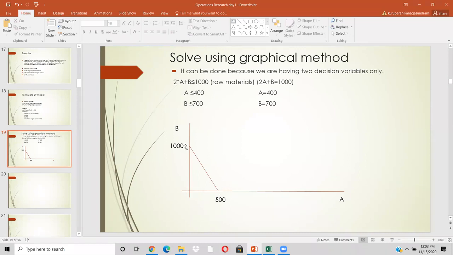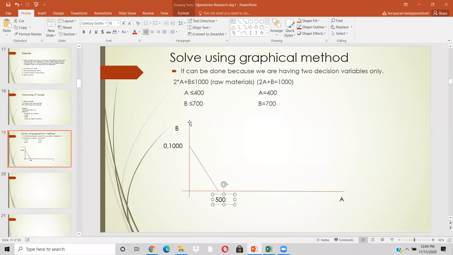To find this value, in this line, a will be 0. So put a as 0: 2 into 0, 0, plus b is equal to 1000. So b will be equal to 1000. This will be written as 0 comma 1000.